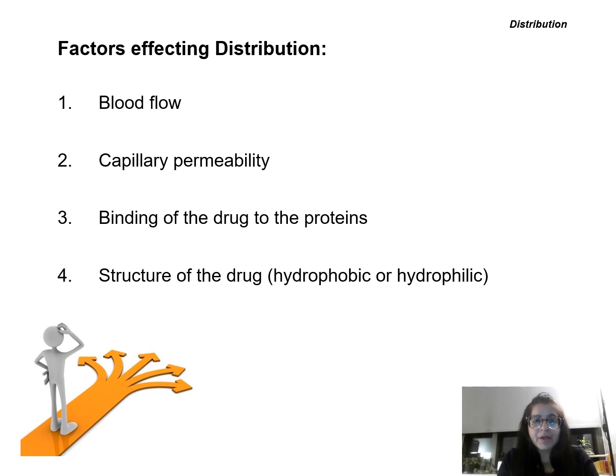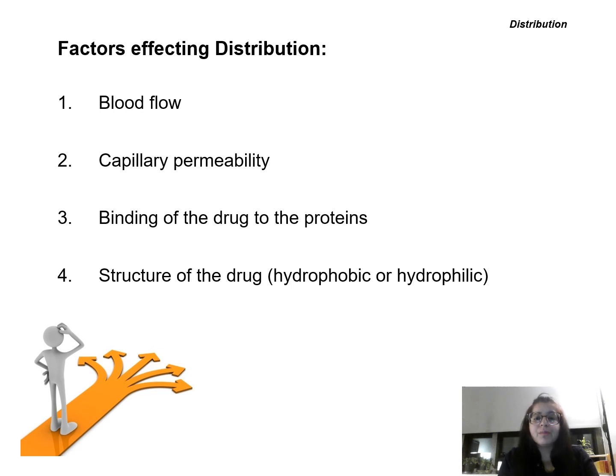And what is the apparent volume of distribution? The apparent volume of distribution is the apparent amount or quantity of the drug that is found to be distributed into the different body compartments.